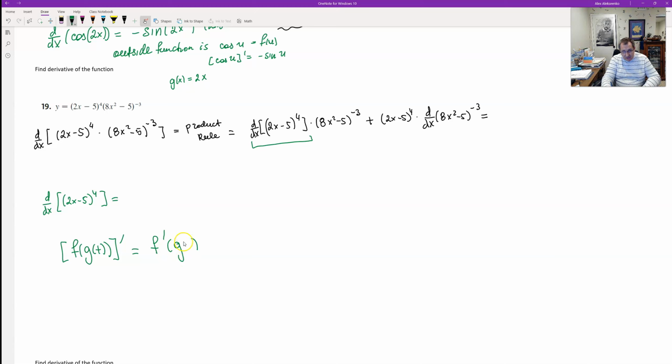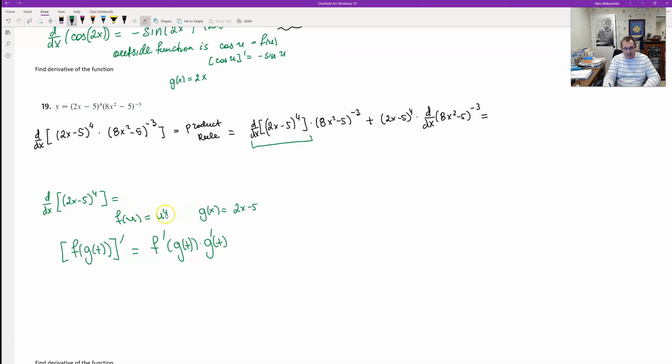And what is inside that nesting doll is the function g. So we'll take that function g, we'll put it over here and hit it with the derivative as well. So that's another easy way to remember the chain rule. And here, instead of function f of u, we'll have u raised to degree 4. And instead of function g of x, we will have 2x minus 5.